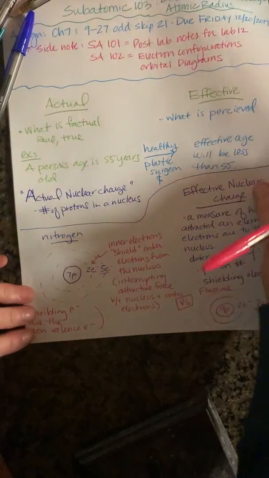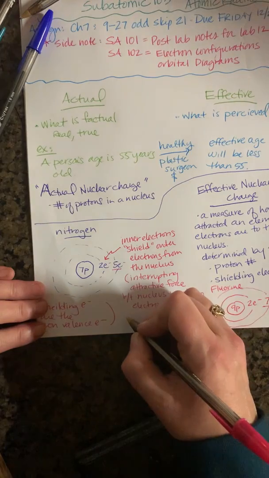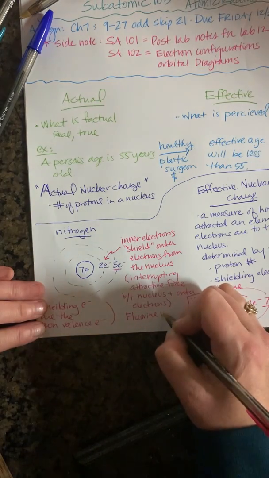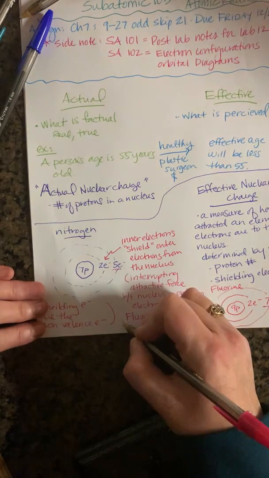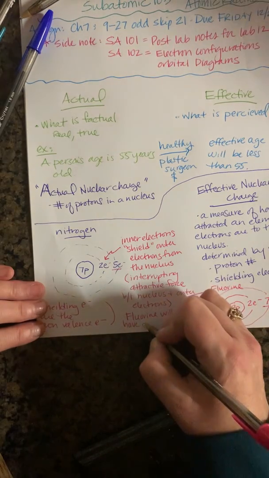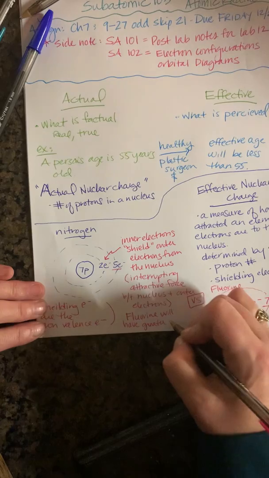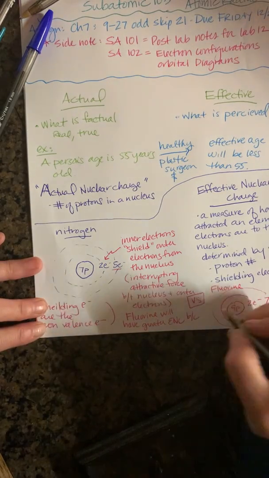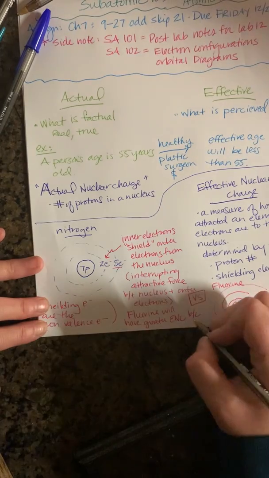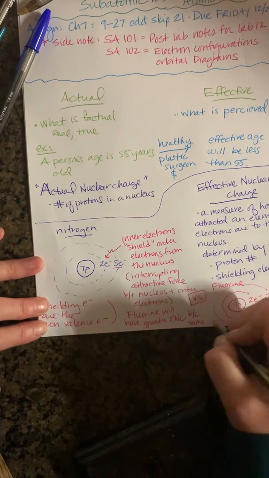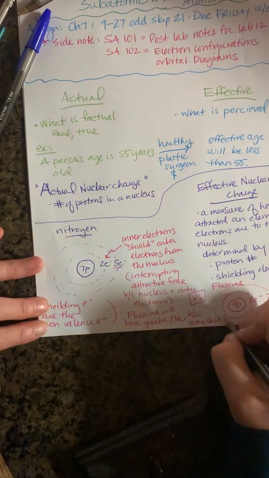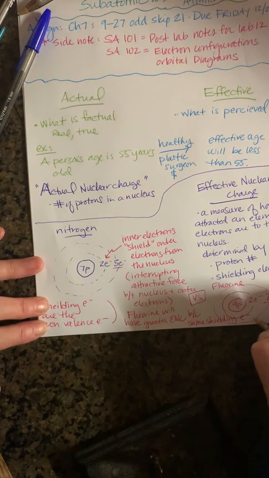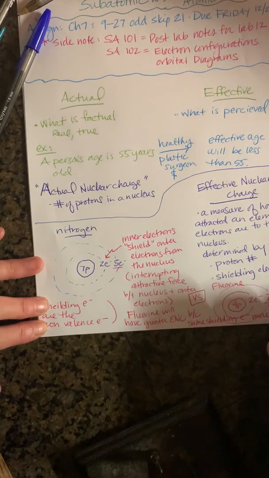So we could make a statement that the fluorine will have a greater effective nuclear charge because they have the same amount of shielding electrons but more protons.